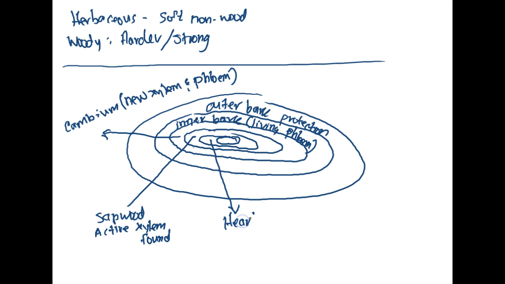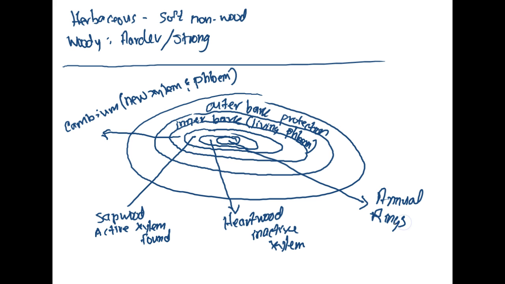And the heartwood is responsible for inactive xylem. And then finally, the far inside is where we would find the annual rings. And basically that tells us how old the tree is, or the plant is.